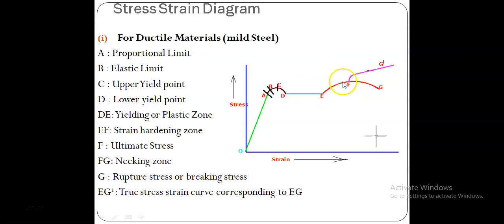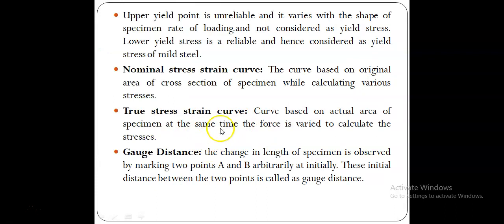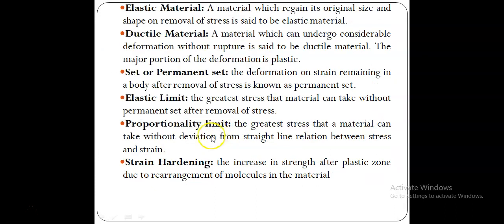After that, the curve comes down. This is the nominal curve. Otherwise, if you draw the true stress strain curve, the curve goes further up to the breaking state. So at G the material fails or breaks.